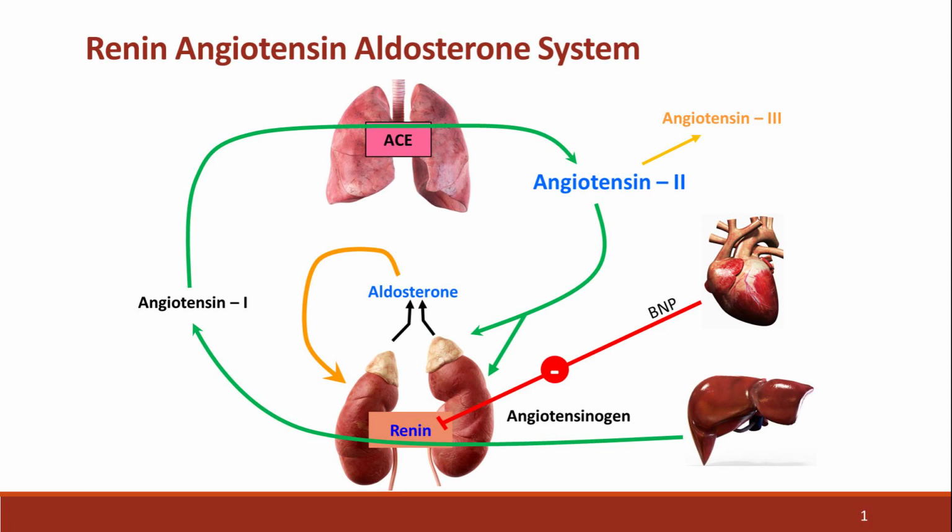Then by angiotensin-converting enzyme or ACE into angiotensin 2, the main vasoconstrictor. Angiotensin 2 also stimulates aldosterone release from the adrenal cortex, leading to sodium and water retention. This cascade is a crucial target for therapy, because we can intervene at multiple points to reduce vasoconstriction and fluid overload.